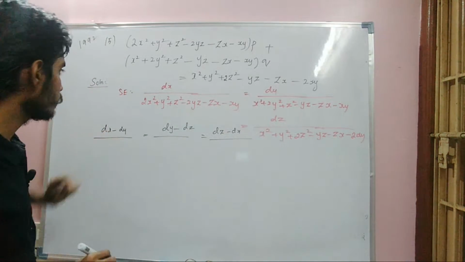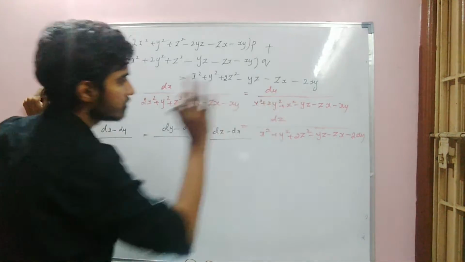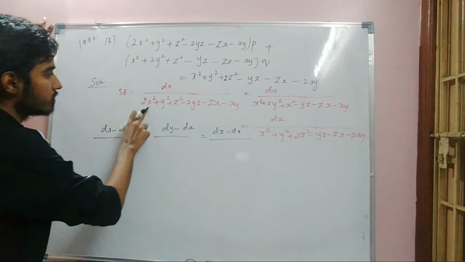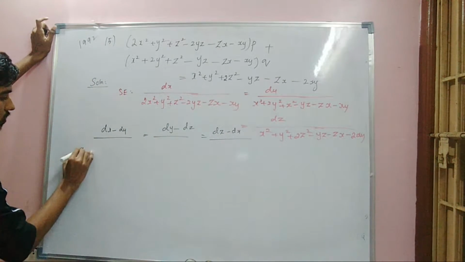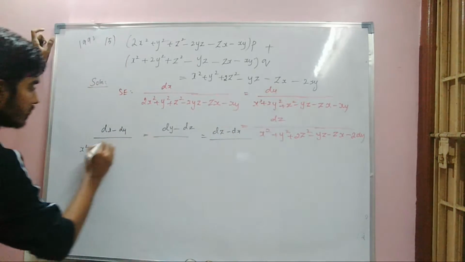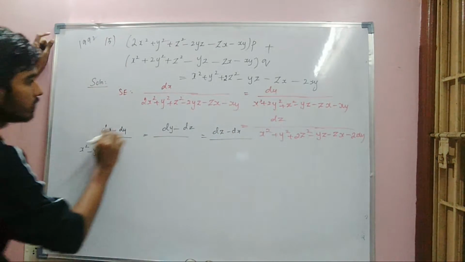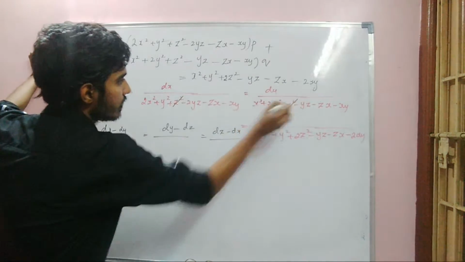If I find dx minus dy, I need to subtract this term and this term. So 2x square minus x square, we will have x square. y square minus 2y square, we have minus y square. Plus z square minus z square will get cancelled.